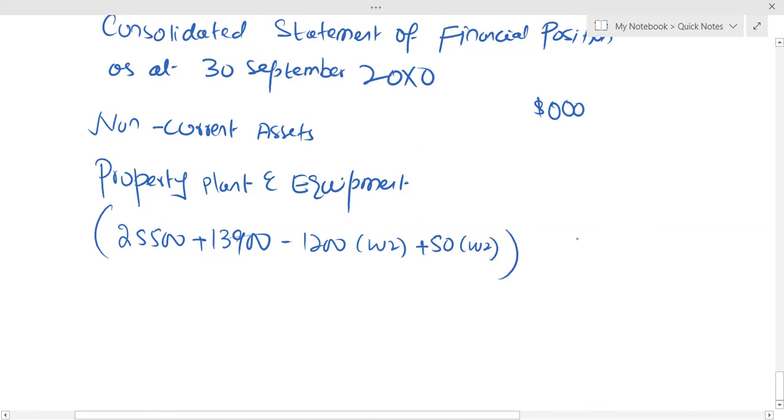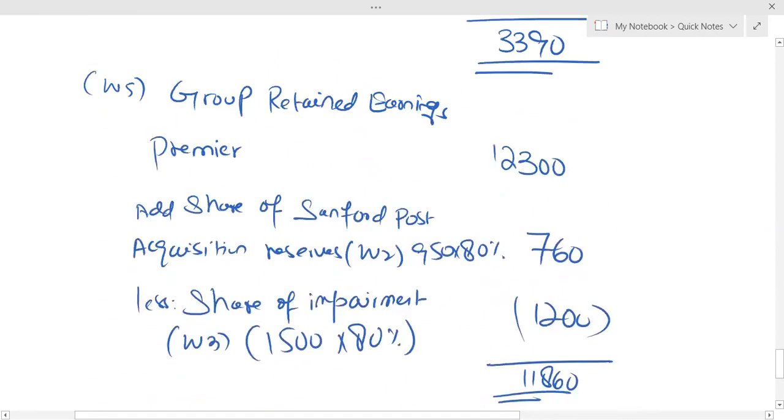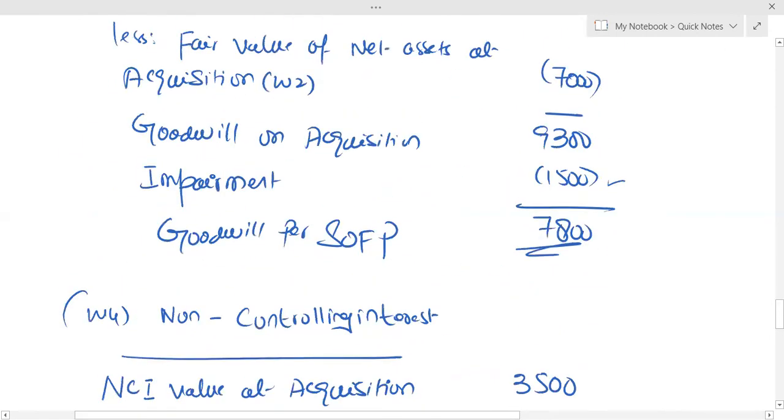I'm getting a total amount of 38,250. After that, let's take goodwill from working three. Goodwill is 7,800.